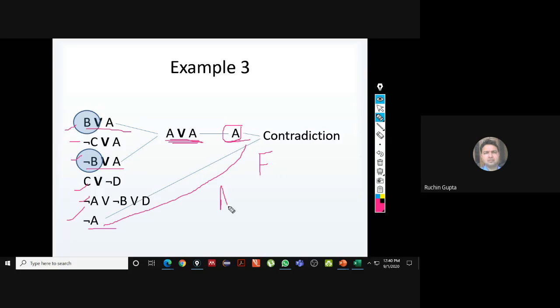You know that A and negation of A is going to be false.